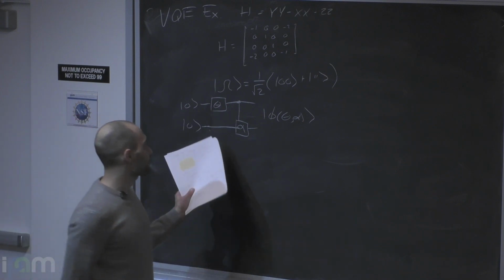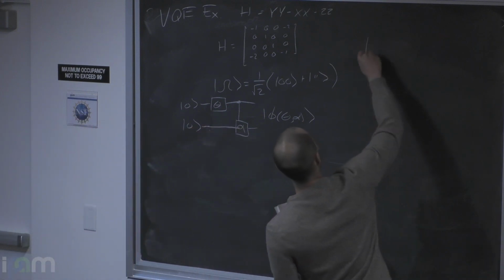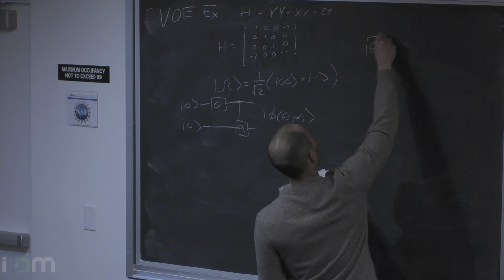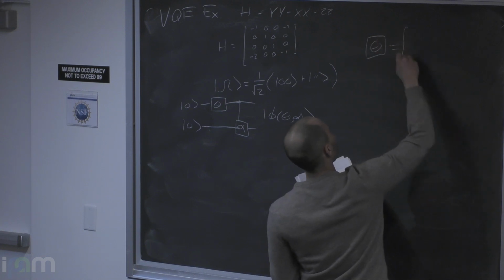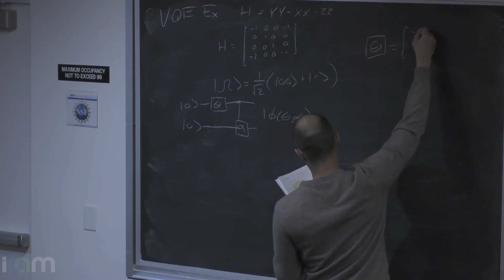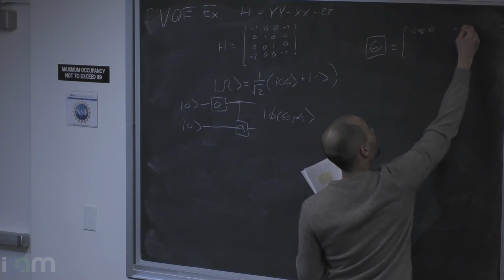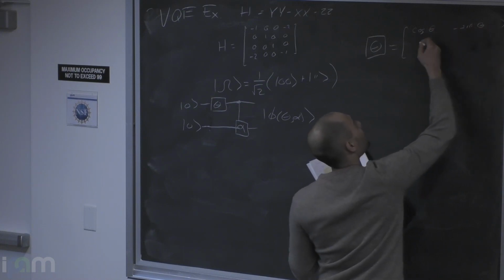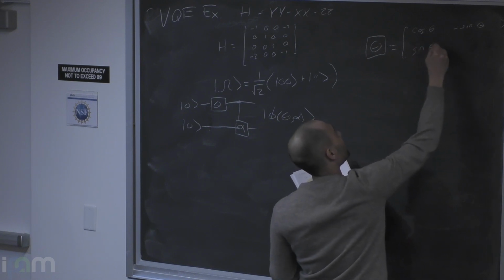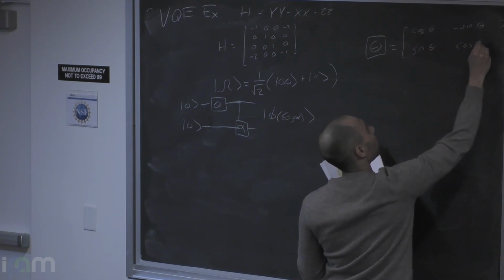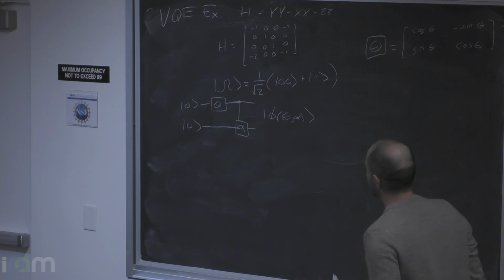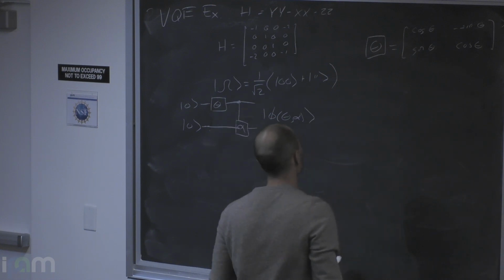Our theta gate does just a 2D rotation: cosine theta, negative sine theta, sine theta, cosine theta.